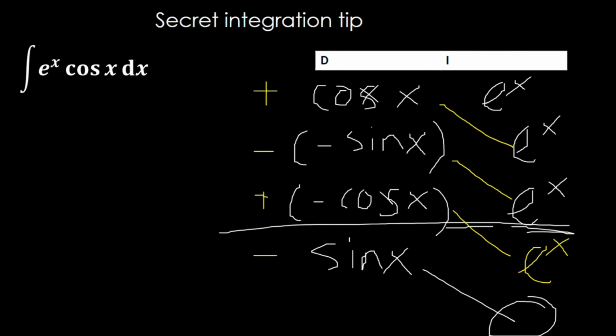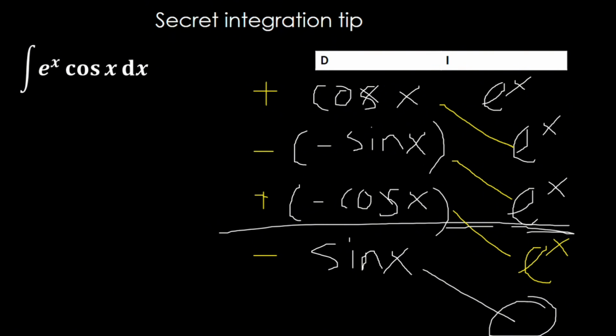We then substitute. The first thing is what? I take cos x, e to the x. Therefore, I is equal to what? e to the x. Let's just write it here.